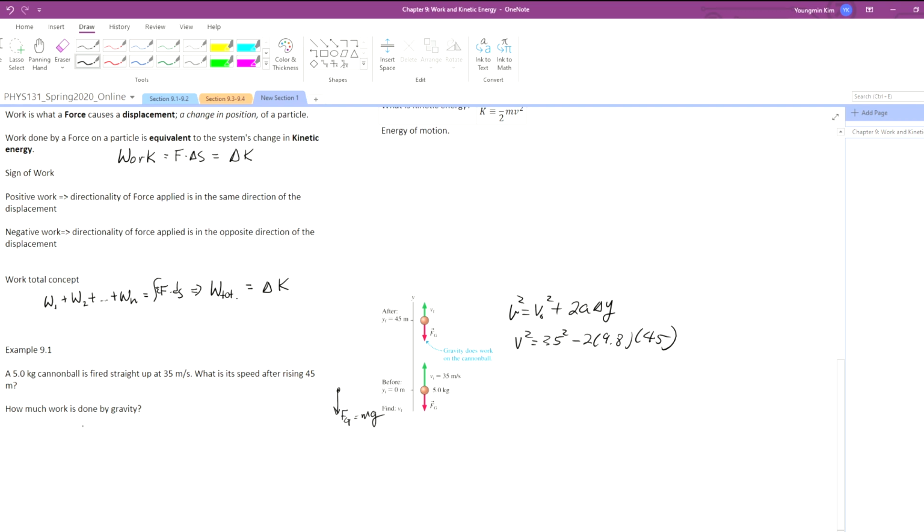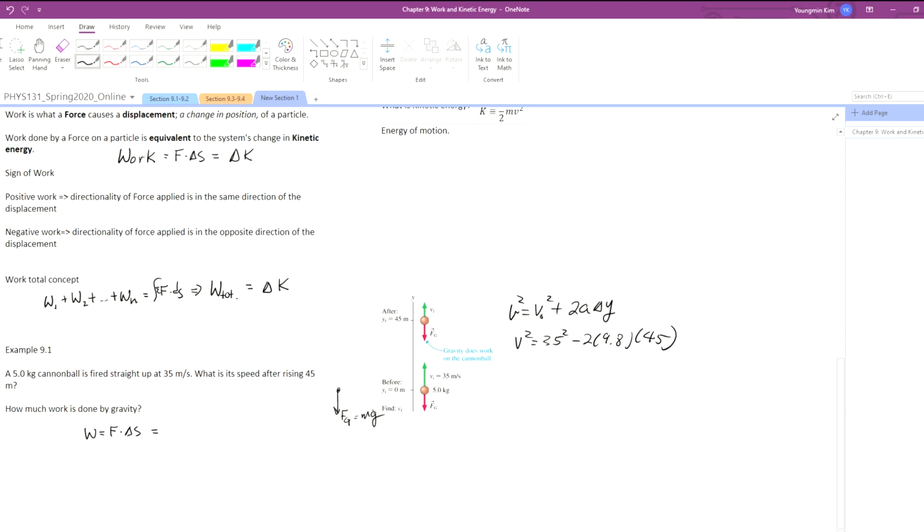So work. In this situation, you can easily see that the force and the displacement are not in the same direction, but they are on the same axis. So we can simply use the result that we derived above. The work will be the magnitude of the force times the displacement.